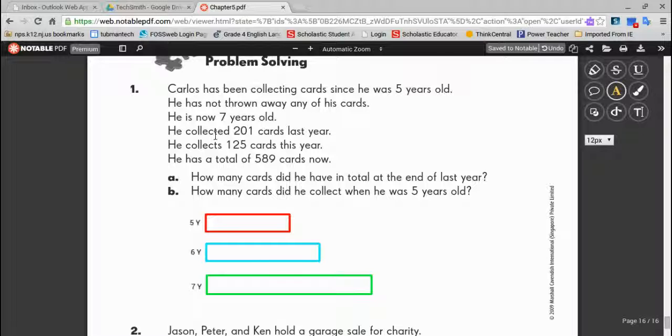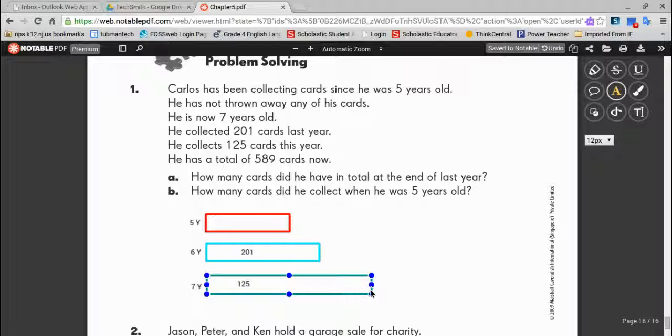Okay, so he's now 7 years old. He collected 201 cards last year. So last year over here, he collected 201 cards. He collects 125 cards this year. So this year, he collects 125 cards. Now, here I have to fix my bar model because 125 is smaller than 201.